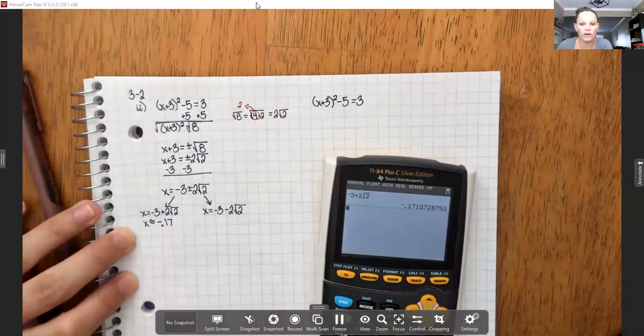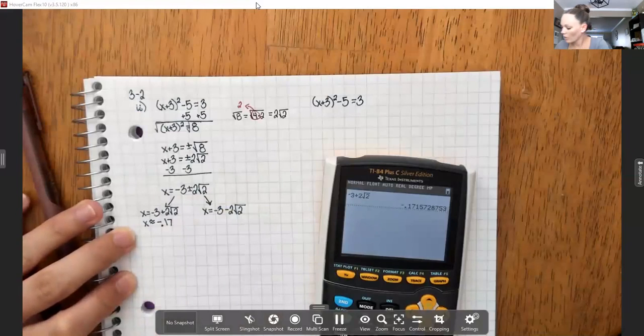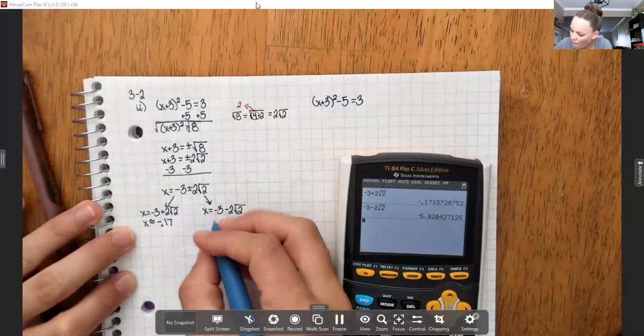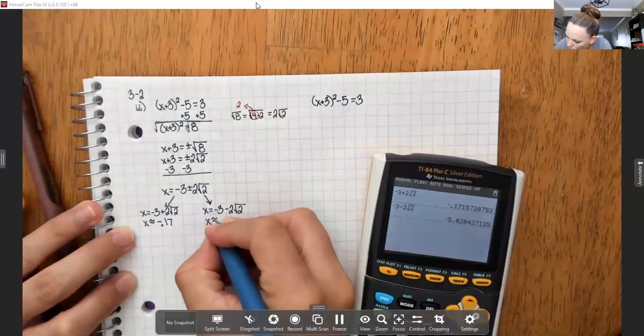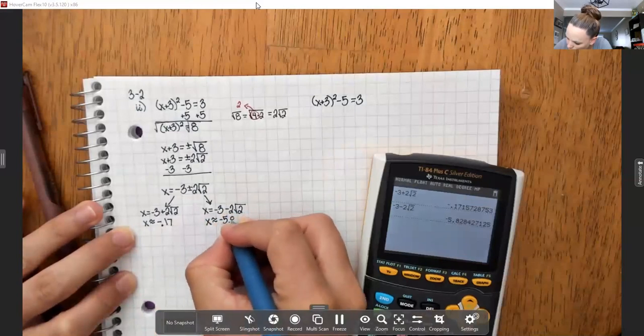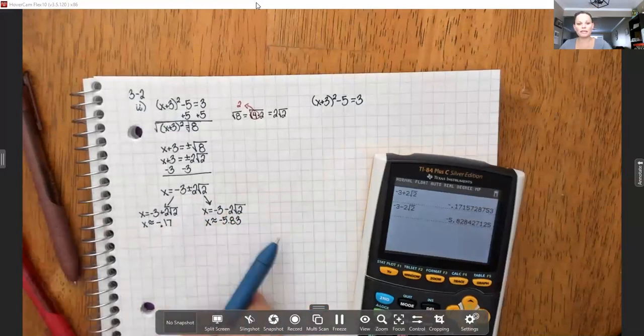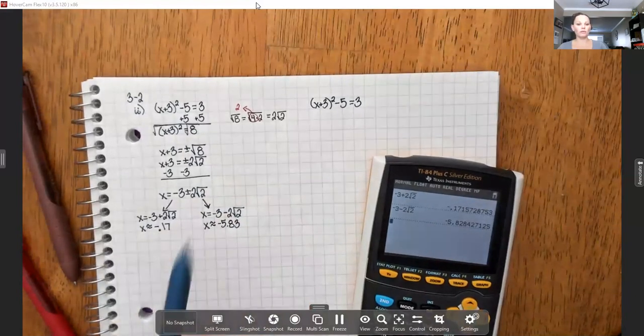We're just using 2 decimals. And then negative 3 minus 2 root 2, I mean negative 5.83. If the directions don't specify, you can do either one.